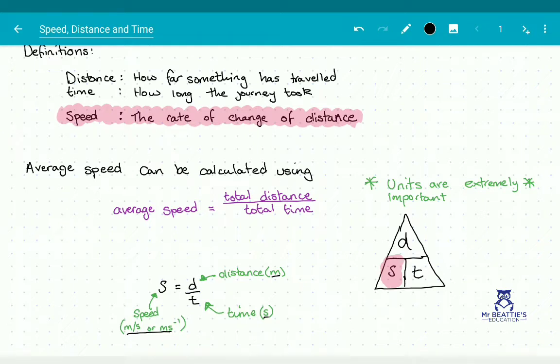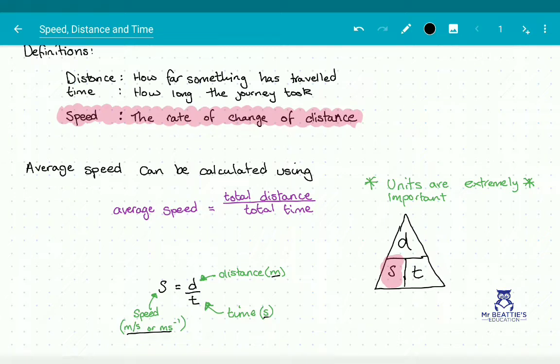But if we take the total distance between start and finish and divide it by the total time it took to get there, we'd get a number for the average speed that doesn't actually describe the speed the car was going at the whole way, because the car would have had to speed up and slow down depending on roundabouts, traffic lights, speed limits, all of those kinds of things. And because of that, the average speed is only good as an average.